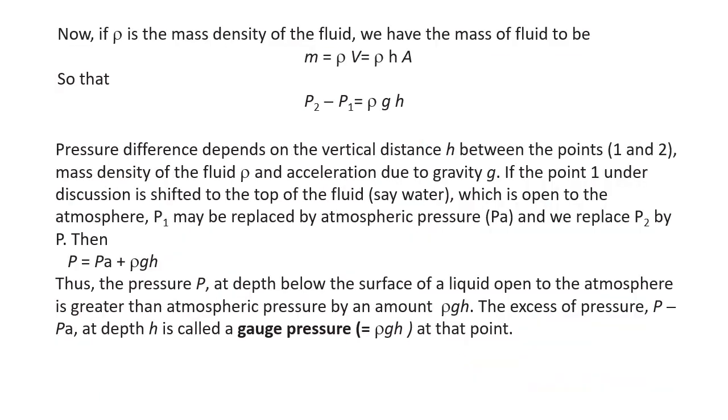Now, if rho is the mass density of the fluid, then the mass of the fluid will be rho into volume, that means rho into h into A. Therefore, P2 minus P1 equals rho gh.